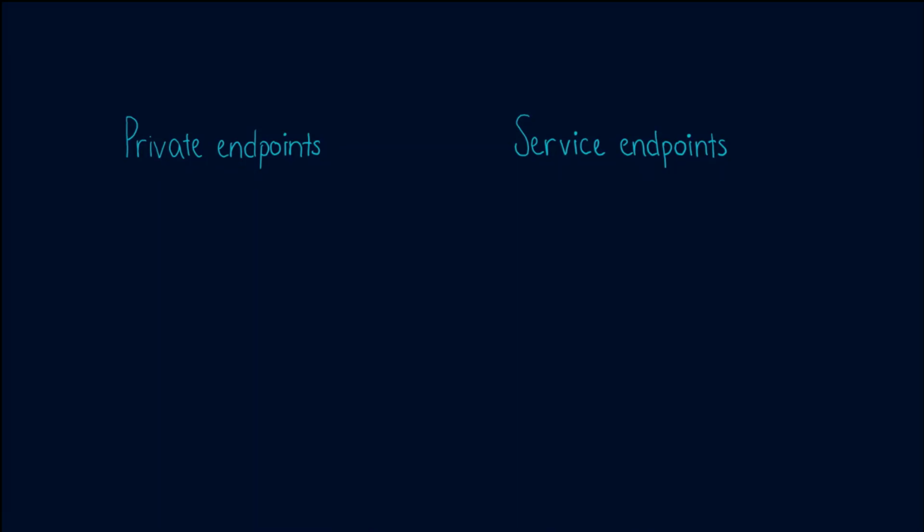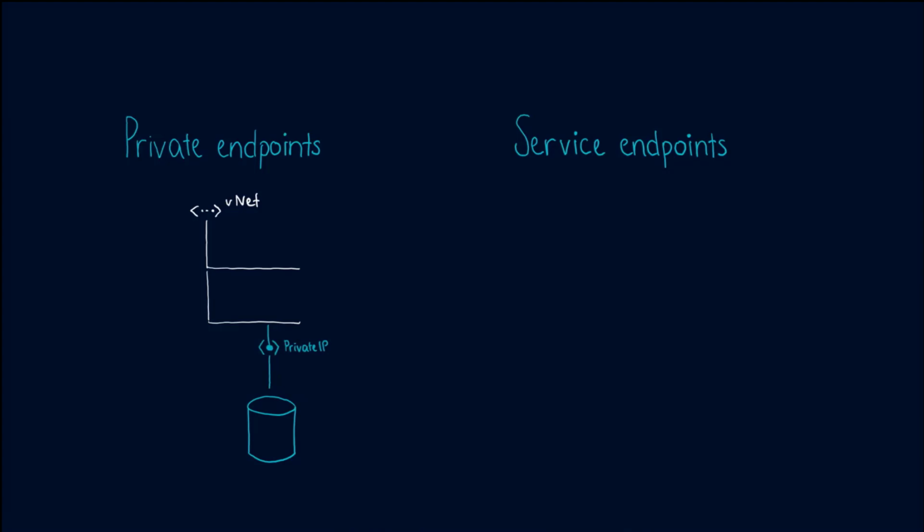If we start with the private endpoints, we of course have our database that we want to link into our virtual network. So you are going to need a virtual network and some subnets that you have put in there and configured. How private endpoints work is that a network interface gets created into the subnet that you choose.